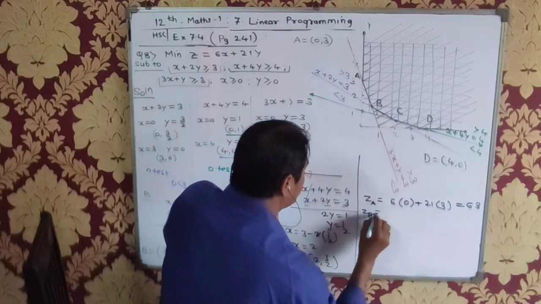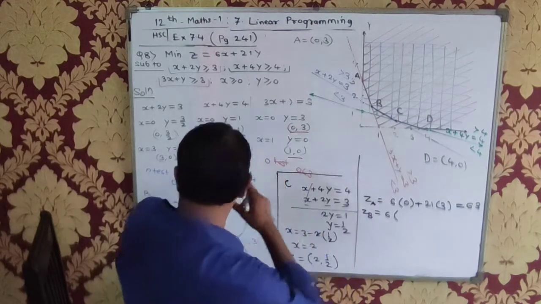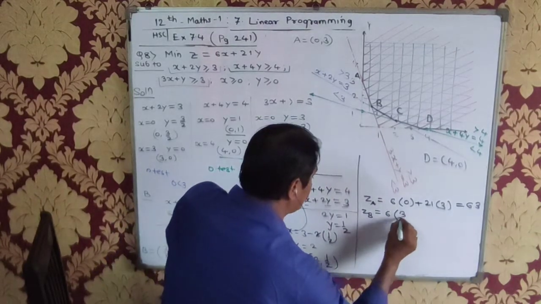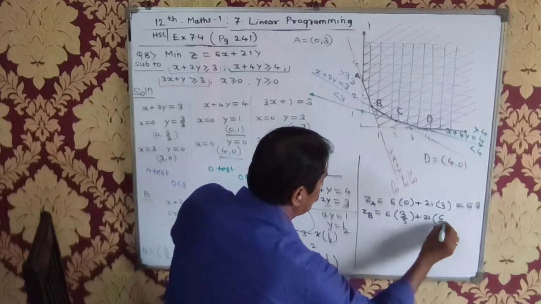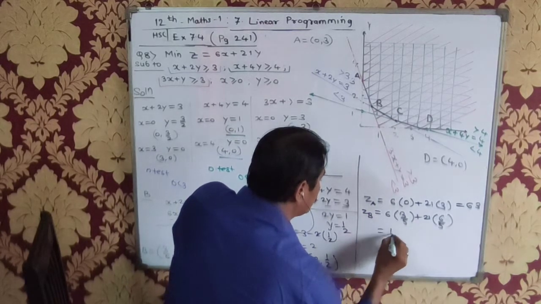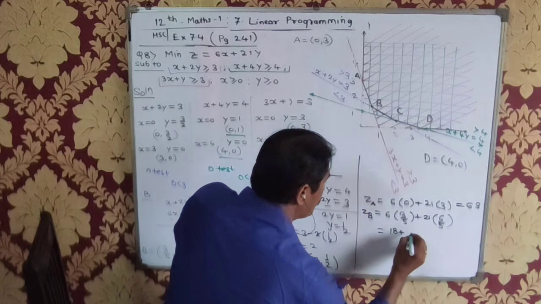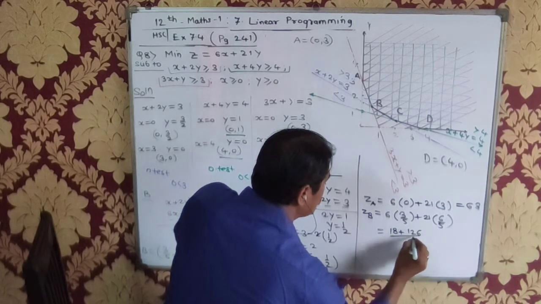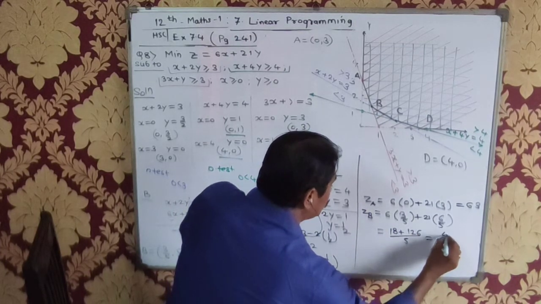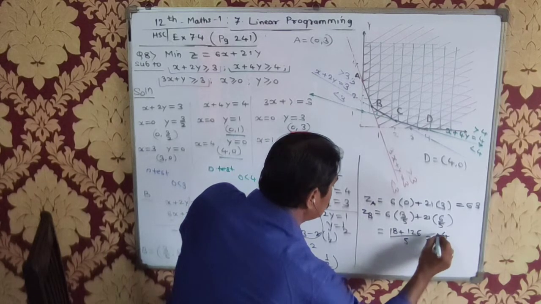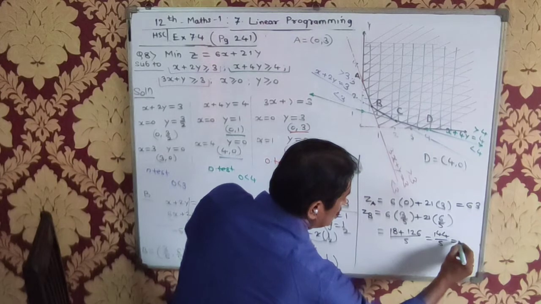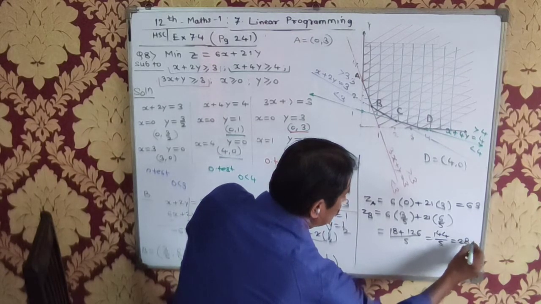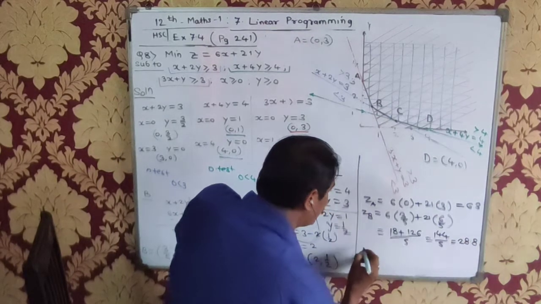Z at B, 6 into 3 by 5 plus 21 into 6 upon 5, that is 18 plus 126 upon 5, which is 28.8.